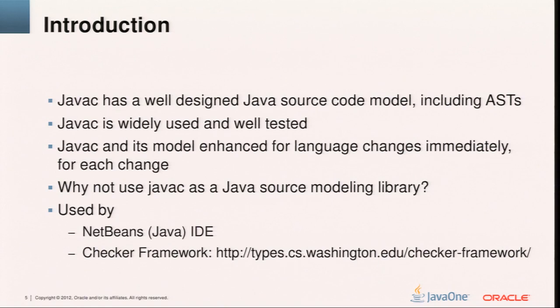Javac is well tested, not only through Java Compatibility Kit, but also by millions of Java developers. Each language improvement or language change is immediately propagated into the Javac, and it is used by some products like NetBeans IDE or Checker framework.